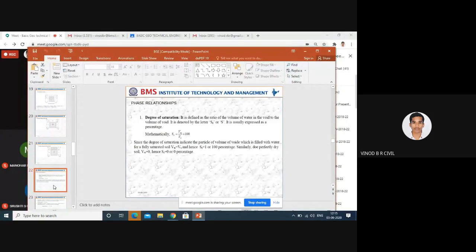SR equals VW, where VW is the volume of water, divided by VV, the volume of voids, into 100 because of percentage. We can calculate the degree of saturation with the help of this mathematical expression.